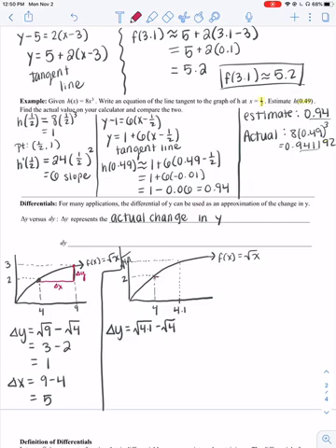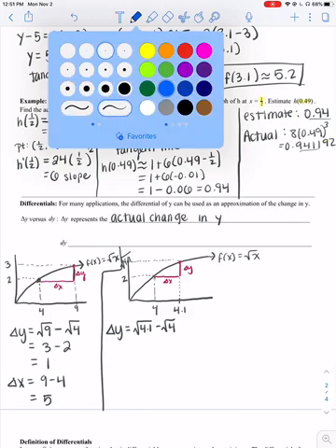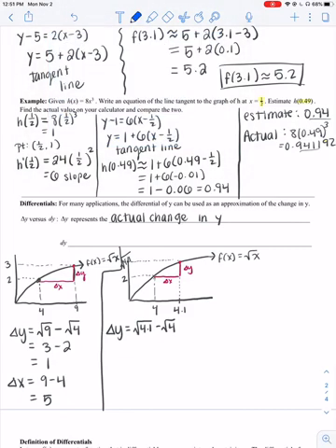So here, as you recall from the previous example, we had our delta y and we had our delta x. Now, what I want to do is draw the tangent line. So let's pick blue. The point that we are working with is the 4.